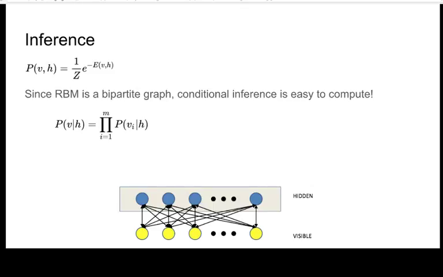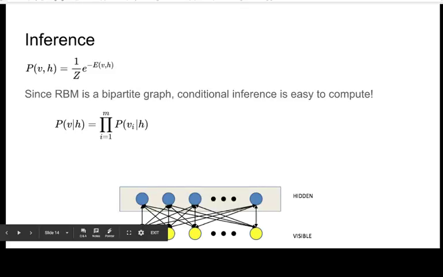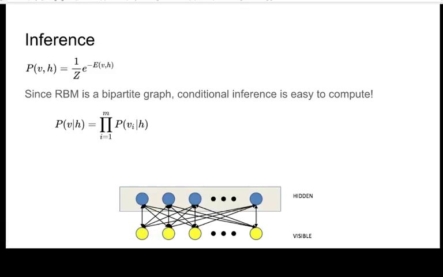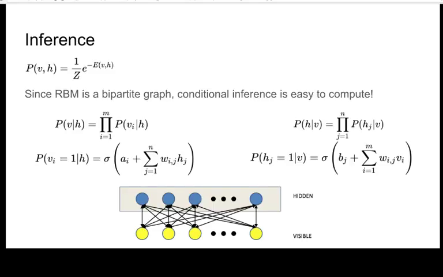Given the visible units, these are not interacting with each other at all, so they're all independent of each other. I'm not getting into the derivation.